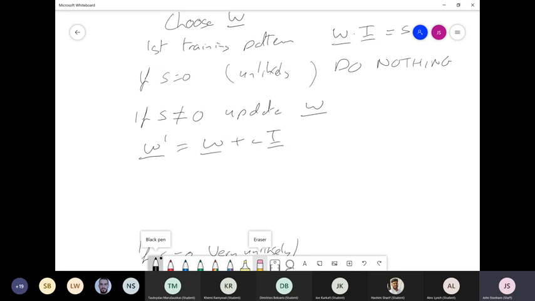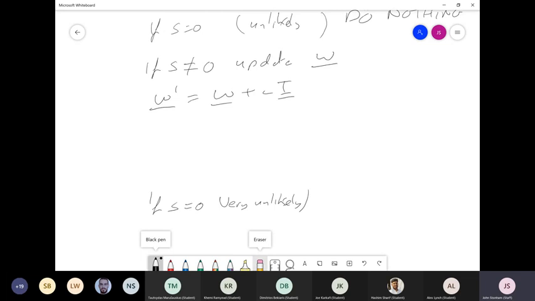And the update is such that W prime dot I, the updated weight vector with the current input pattern, must equal 0.